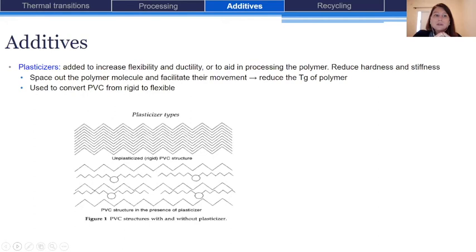So, for example, these plasticizers are highly used to convert PVC, polyvinyl chloride, from rigid to flexible polymer. So it's interesting because plasticizers are additives that directly impact the thermal transition of the polymer. So we can modulate this thermal transition.